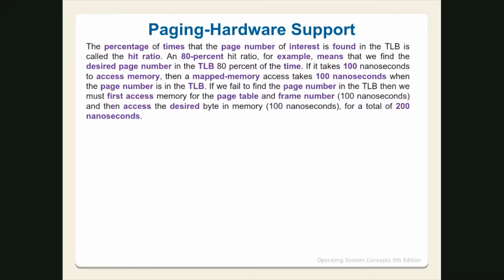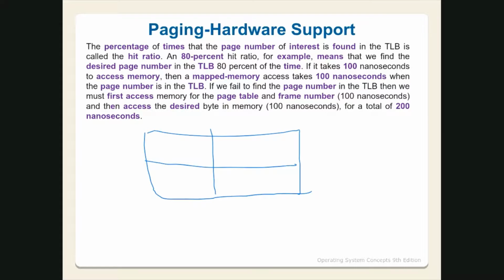In case a page number is found, you take the value, that's the frame number, because the buffer contains two things, a key and a value. The key is the page number and the value is the frame number.